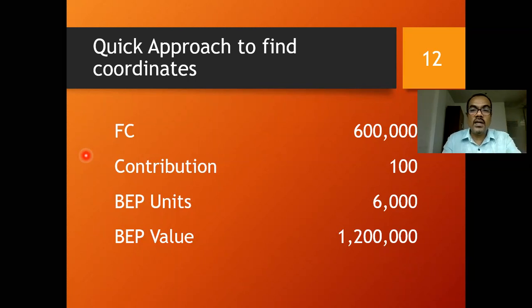So by selling one ticket, you put 100 rupees into your pocket. That is the contribution from one ticket, the meaning of contribution. Therefore, 600,000 divided by 100 rupees gives you 6,000 units. You need to sell 6,000 tickets to break even. If you sell more than that, that's your profit.